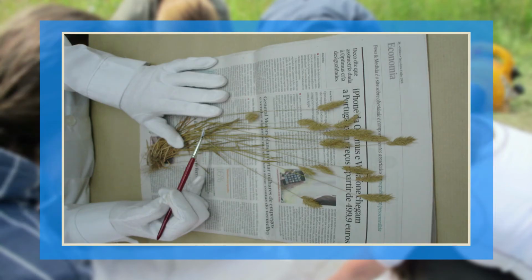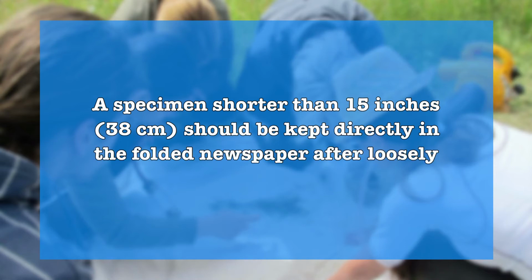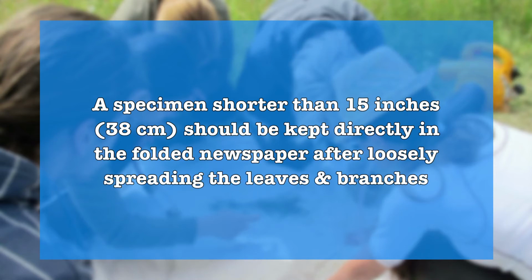The plant specimen is placed in a folded piece of newspaper. The plant should be arranged so that upper and lower leaf surfaces, flowers and fruits are visible. A specimen shorter than 15 inches should be kept directly in the folded newspaper after loosely spreading the leaves and branches.